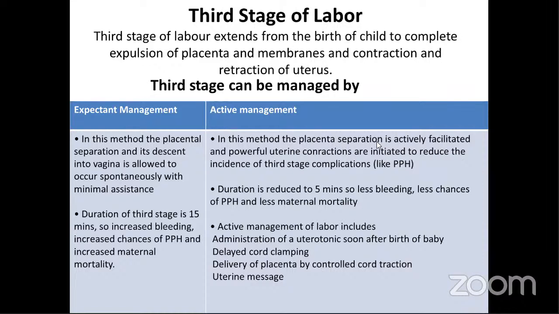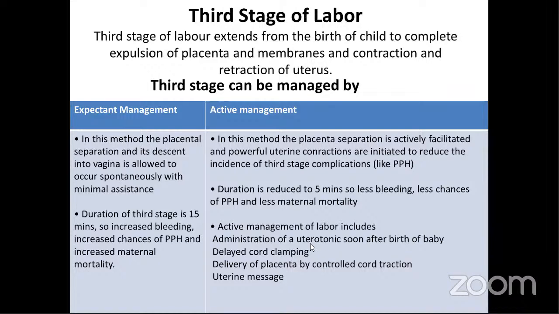In this method, placental separation is actively facilitated and powerful uterine contractions are initiated to reduce complications like PPH. A uterotonic is administered soon after the birth of the baby. Uterotonic means injection of oxytocin, or prostaglandins like prostadine, or even misoprostol.